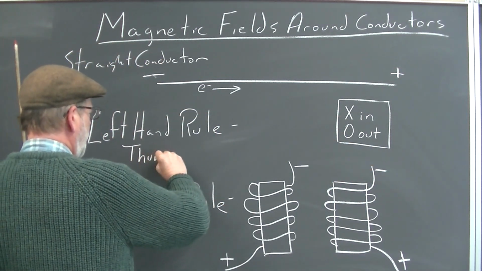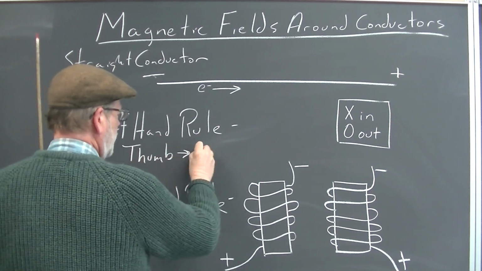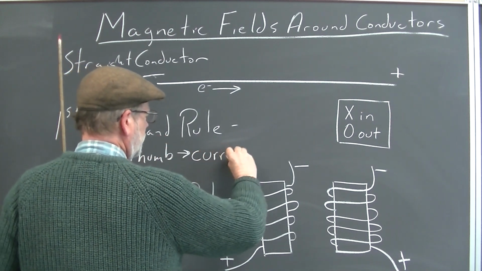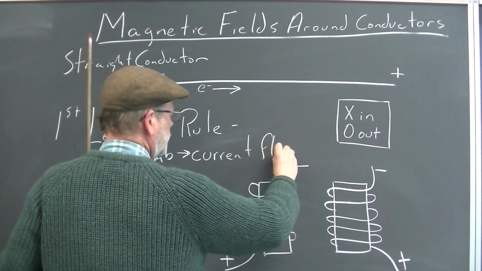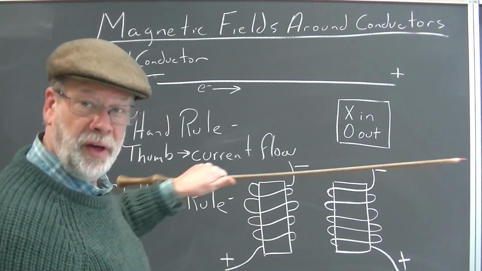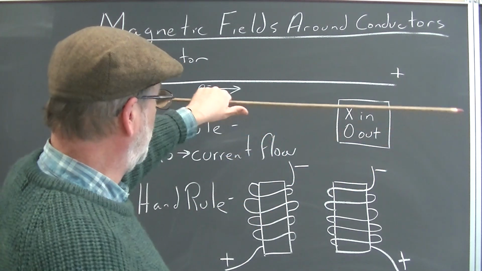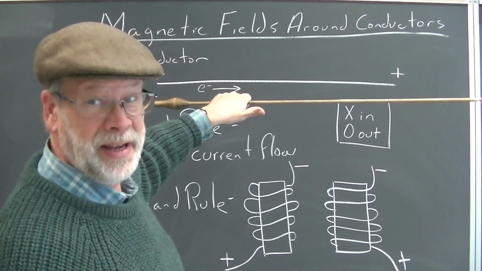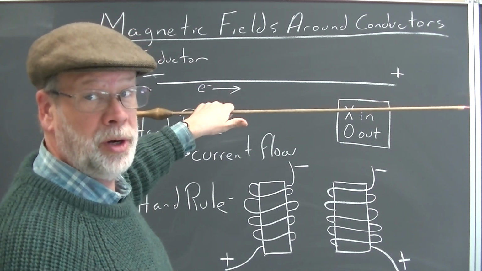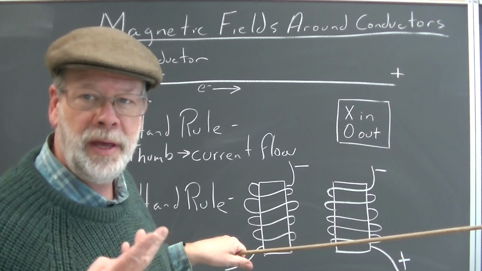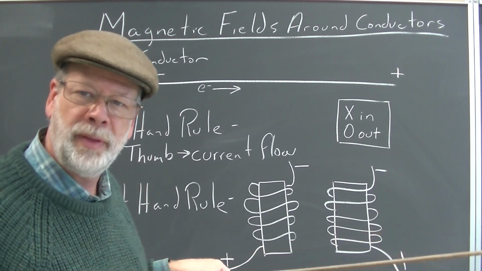Thumb is pointing in current flow. And if you have your thumb pointing in the direction the current is flowing, and you have your fingers grasping the conductor, your fingers show how the magnetic field wraps around that conductor.